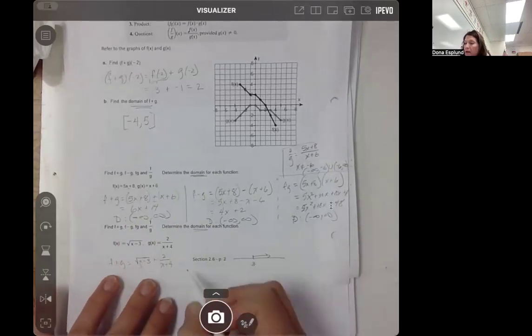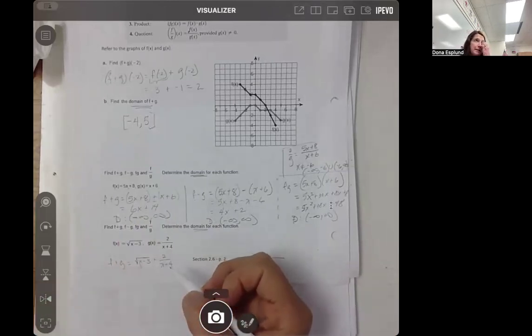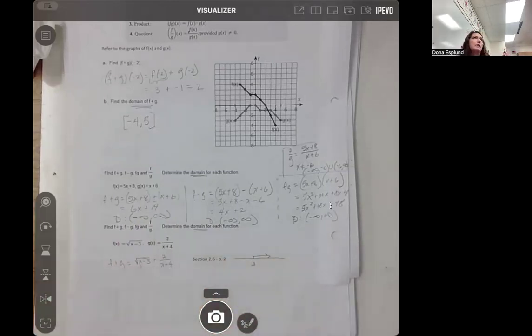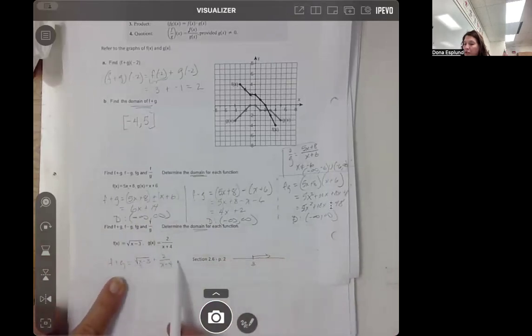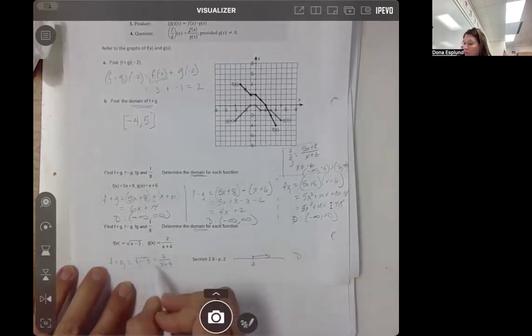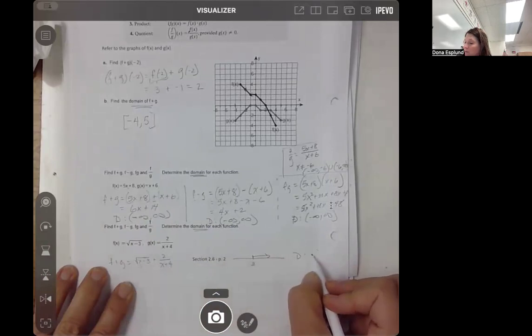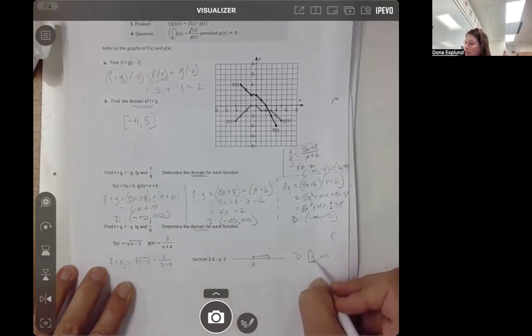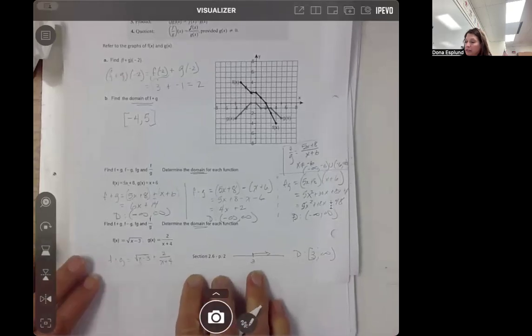The -4 doesn't apply, even though I could get other values in here. So my domain on this one would be from the first one, from 3 to infinity, and it would include 3, and it would include infinity in parentheses.